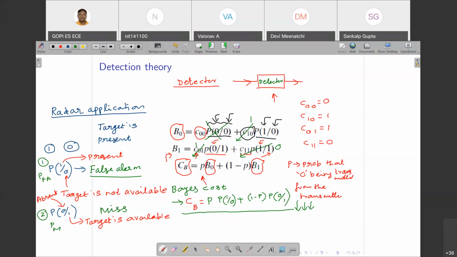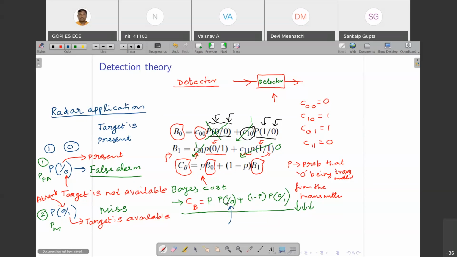Remember that all these probabilities are related to the detection rule associated with the detector. This is not the raw channel matrix. Once again, I am emphasizing this point. Even though I am using the same notation, you have to be careful. In this expression, this is not the mere channel matrix.